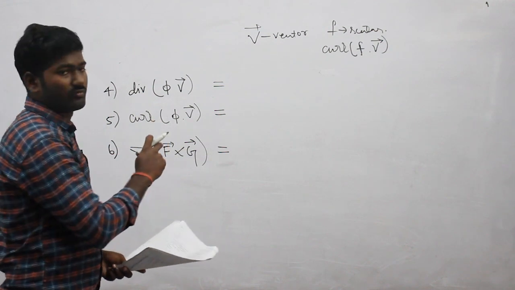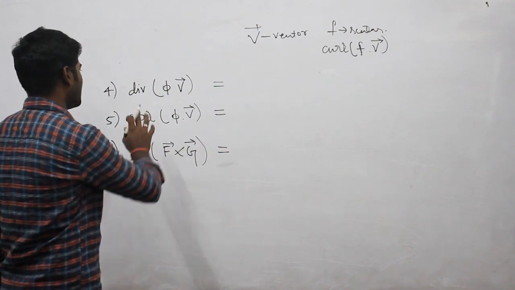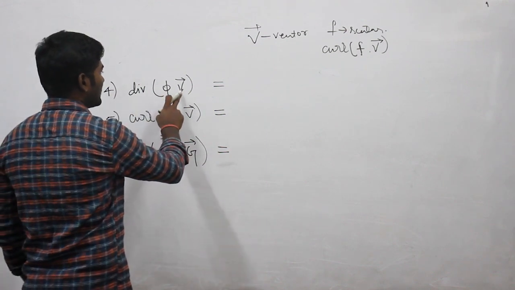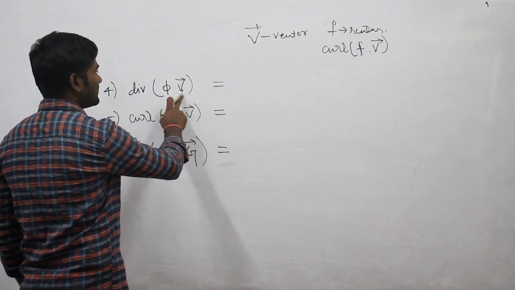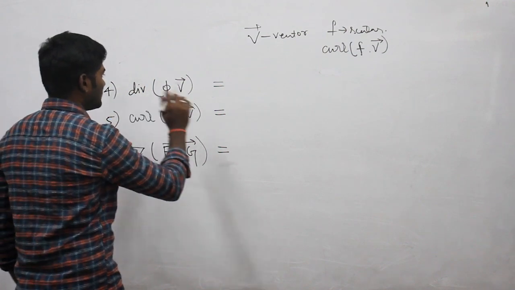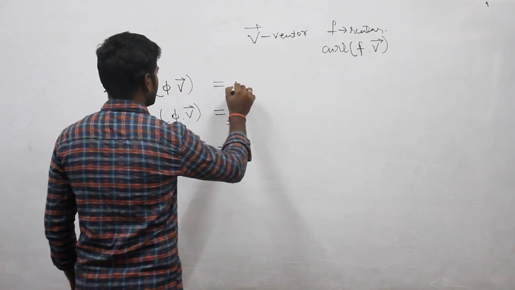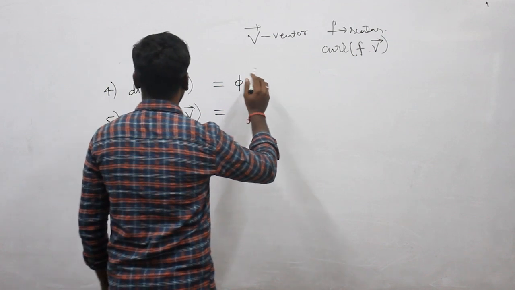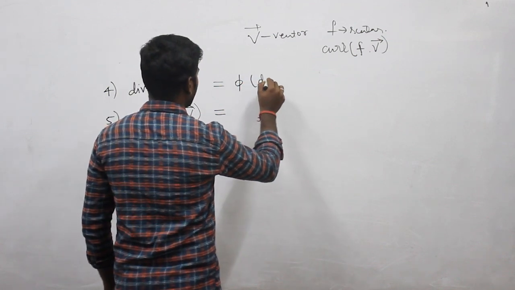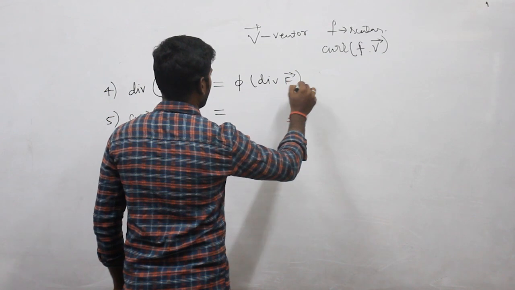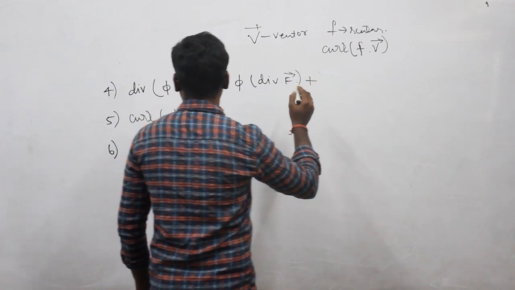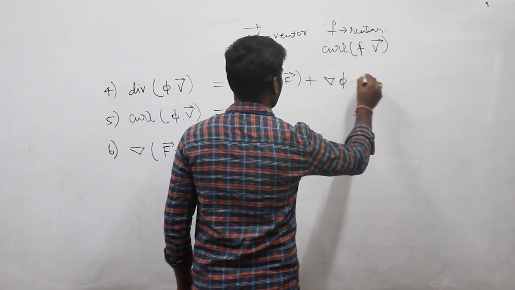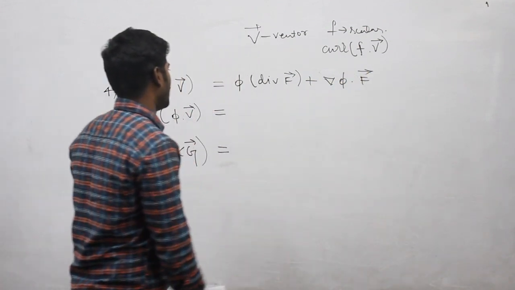So those 3 formulas we have already seen. The remaining 3 formulas: divergence of pi v vector, where pi is called the scalar function and v is the vector function. For this the formula is pi into divergence of v vector plus del pi dot v vector.